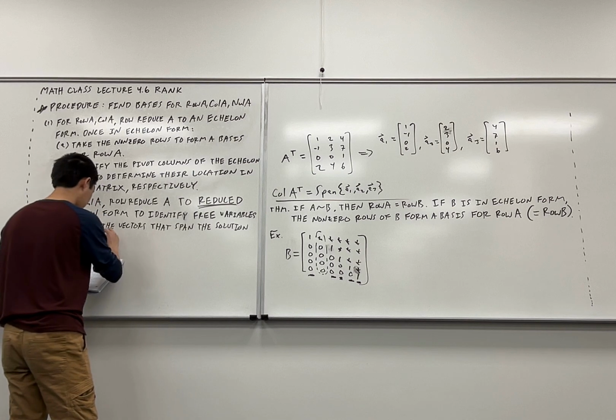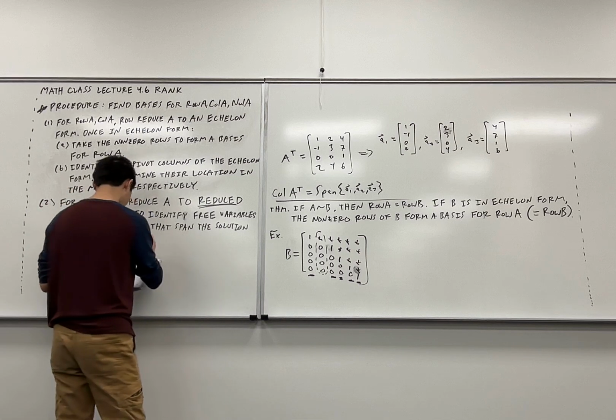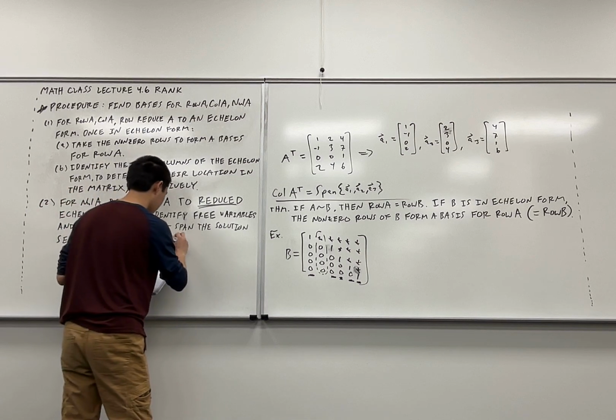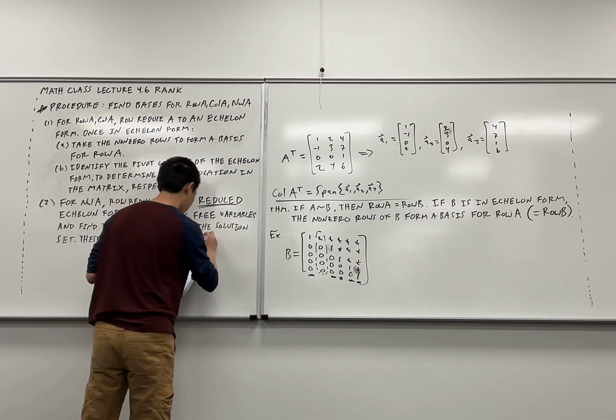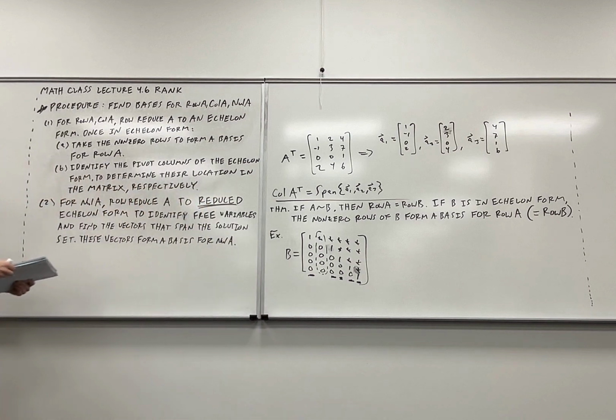So these vectors form a basis for the null space. So there you have it. You can find a basis for any of our given special spaces, basically entirely through just row reduction. Everything comes down to row reduction. So if you can do that one skill, boom, half of chapter 4 kind of falls in your lap, okay?